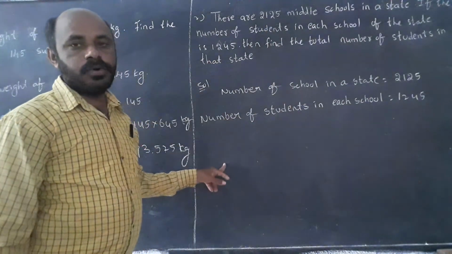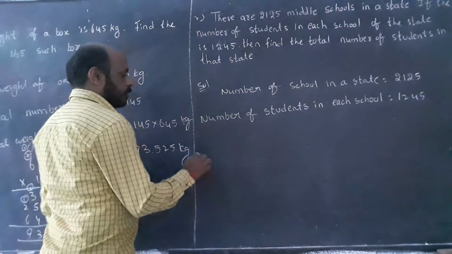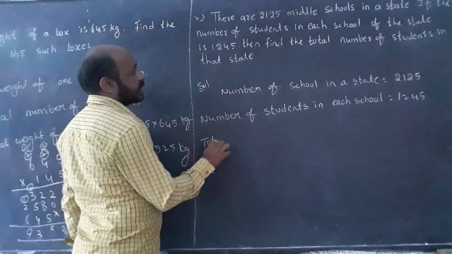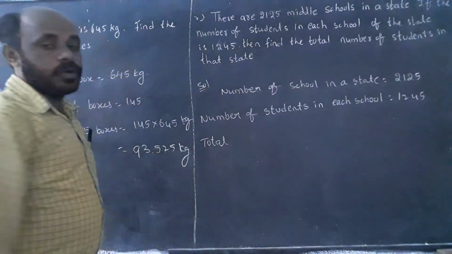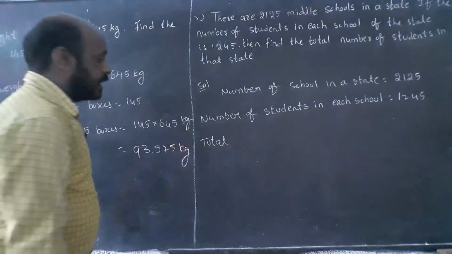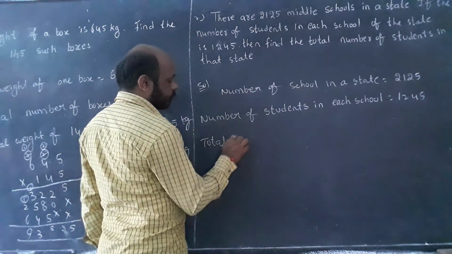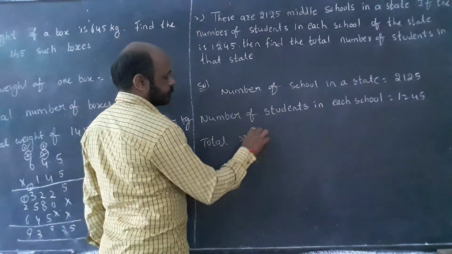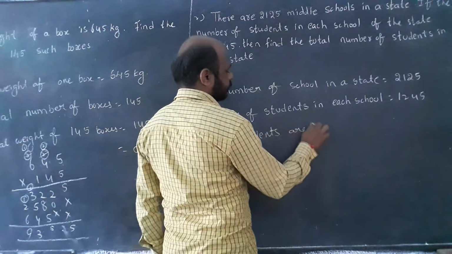Then what we have to find is the total number of students in the state. Total number of students in the state is what is being asked.